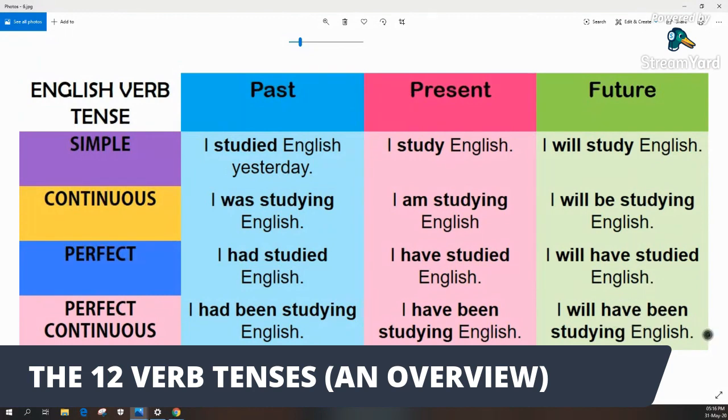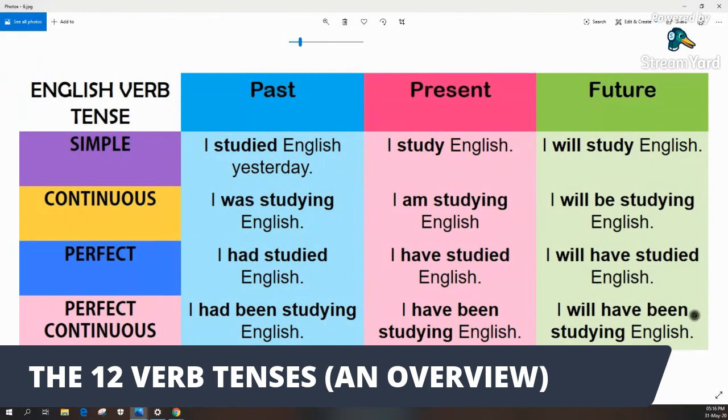So two actions are going to happen in the future, but the first action will have happened for some time and will not be complete yet at a certain point in the future.